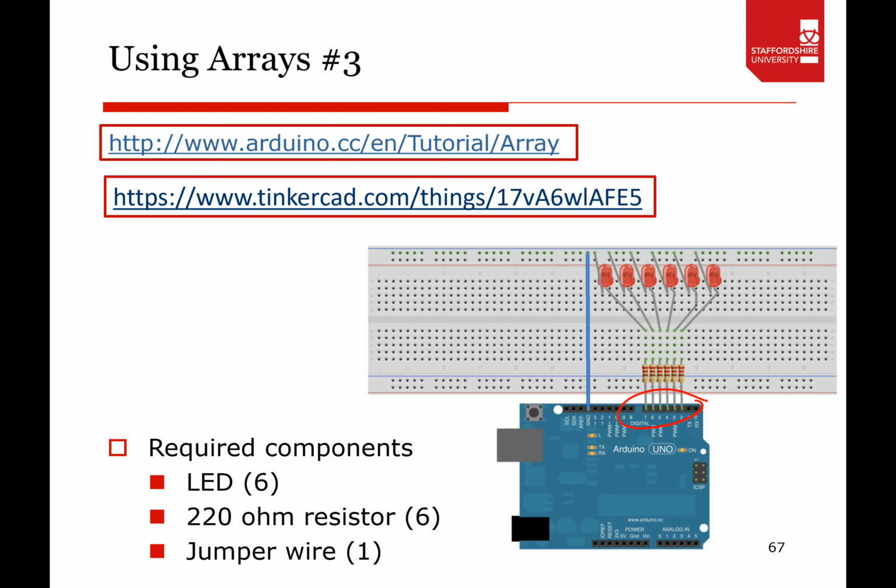But what if in this instance we didn't want to turn on these LEDs in order? Last time we switched the first one on and off, and then we switched them on and off in this direction. What if we didn't want to do that? How could we do that? Well, we'd use arrays.